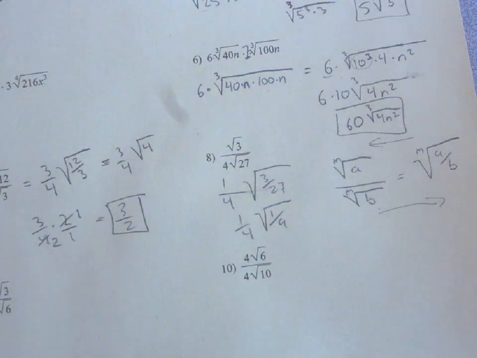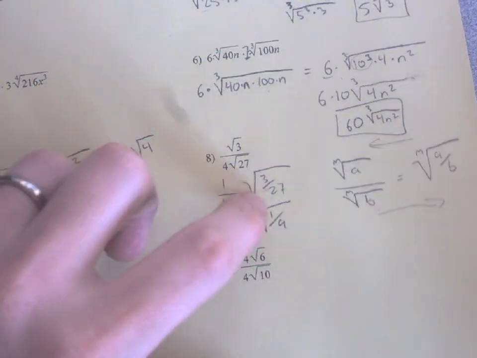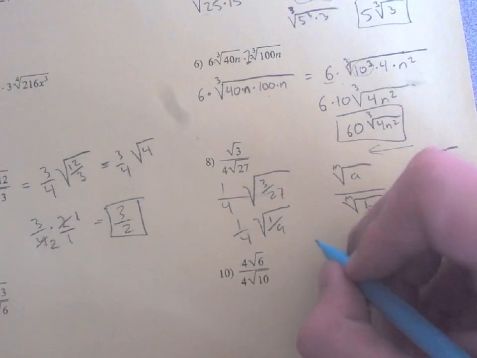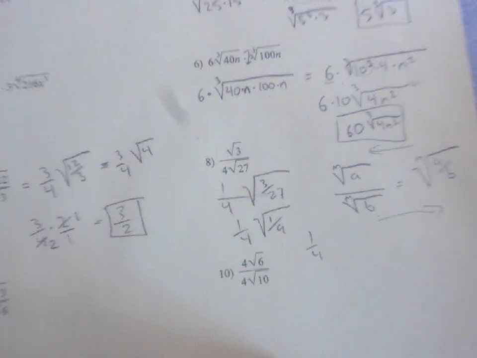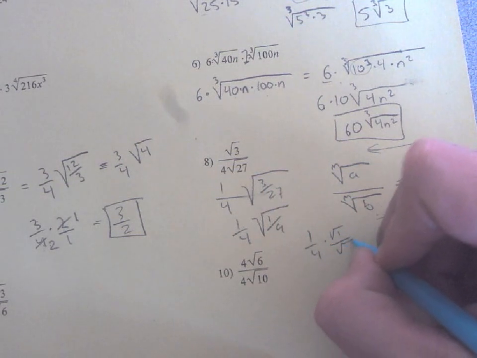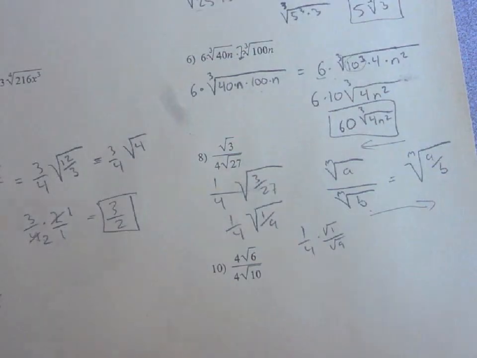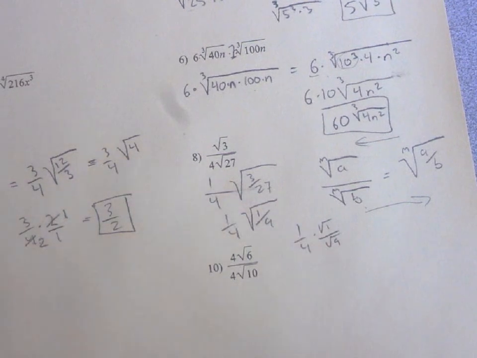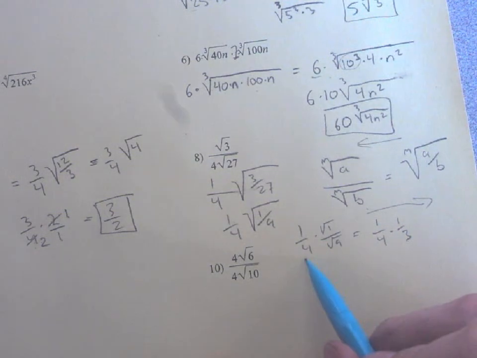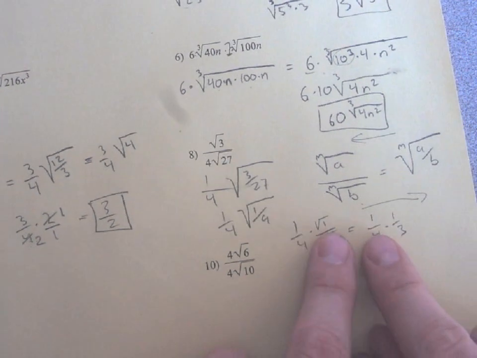Okay. Now we can, because 3 goes into 3 once and 3 goes into 27 9 times. Now we can actually go back, and if we want to think of it this way, we can rewrite it as 2 separate roots, square root of 1 over square root of 9. Right. Well, square root of 1 is 1, and square root of 9 is 3. So this actually is 1 over 4 times 1 over 3. So the fourth and the fourth, but we just simplified the roots now.